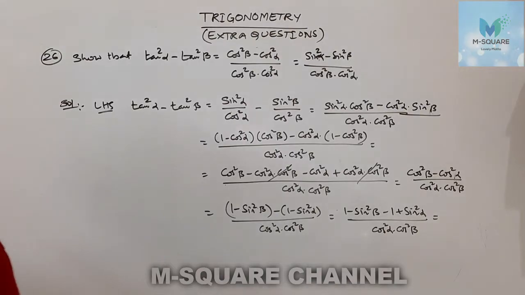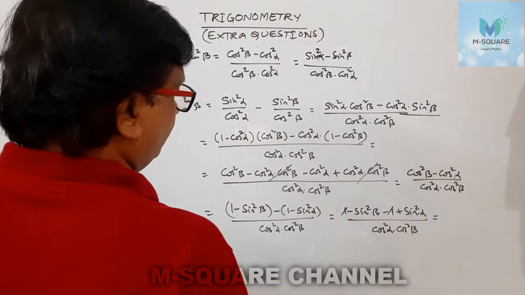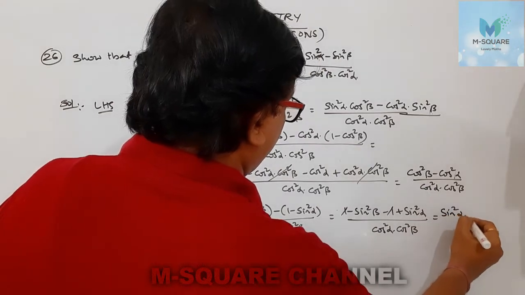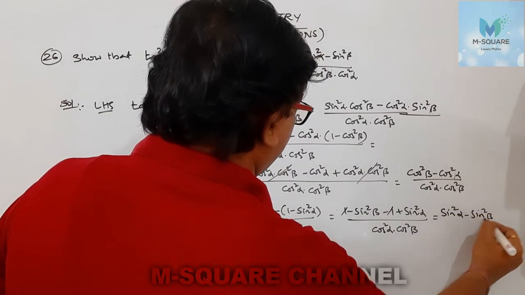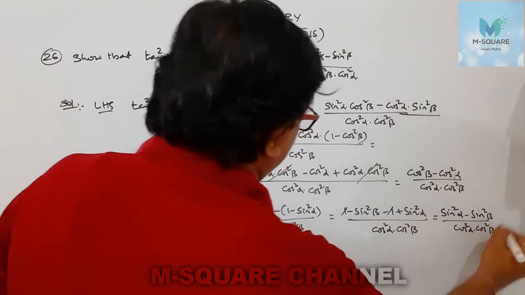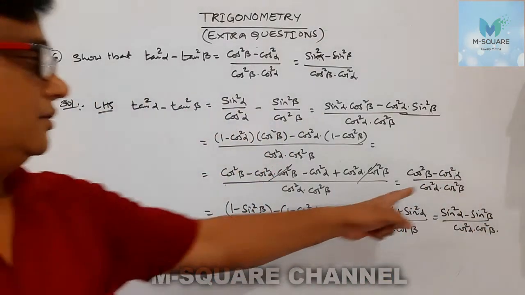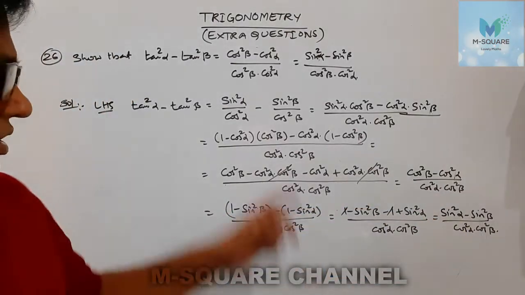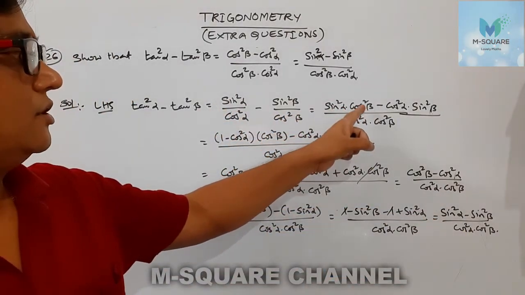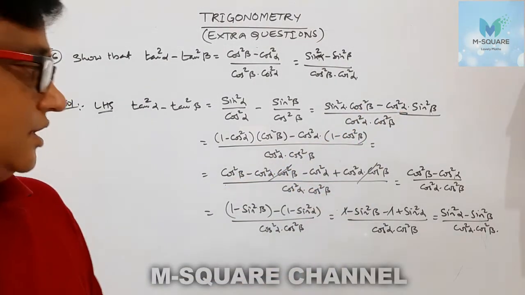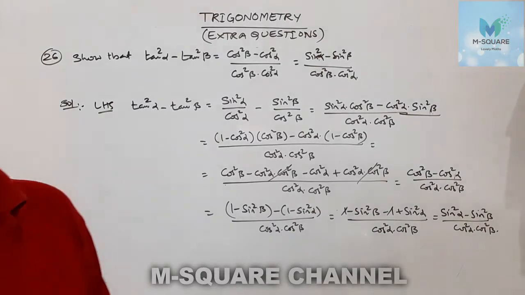Now here 1 and 1 will be cancelled. So we get sin square alpha minus sin square beta by cos square alpha into cos square beta. Like this, from this answer we extract this answer. Otherwise, from here again we can start changing the cos, and we get sin square alpha minus sin square beta also.